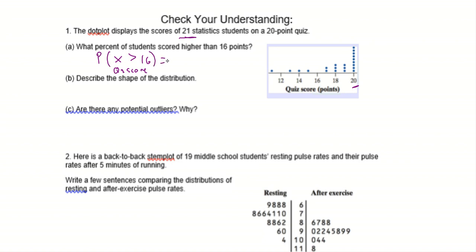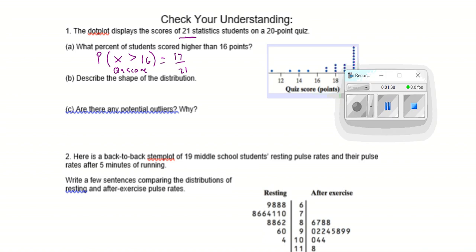So right here, we need to count out of these 21 students. We have 1, 2, 3, 4, 5, 6, 7, 8, 9, 10, 11, 12, 13, 14, 15, 16, 17. 17 out of the 21 students scored higher than 16 points. And so what is that as a percent?